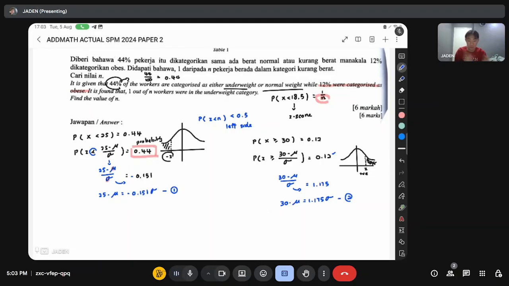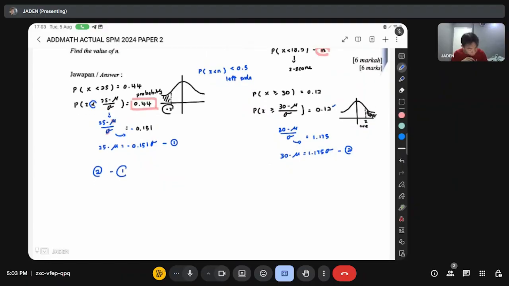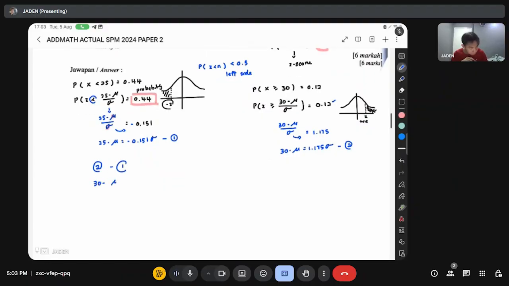So what do we do with these equations 1 and 2? You can consider doing 2 minus 1. So 2 minus 1 means 30 minus mean equal to 1.175 standard deviation, minus 25 minus mu equal to negative 0.151 standard deviation. 30 minus 25, you get 5.